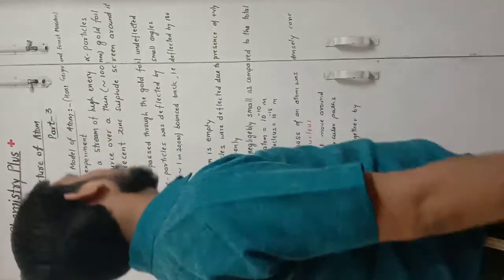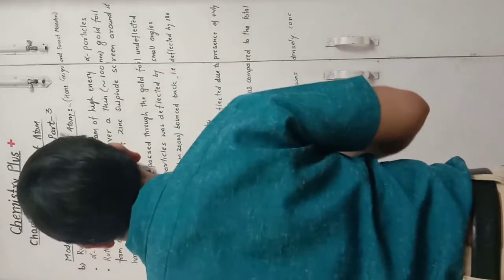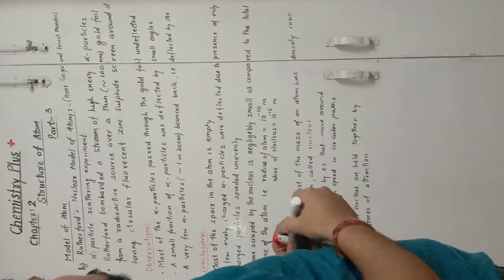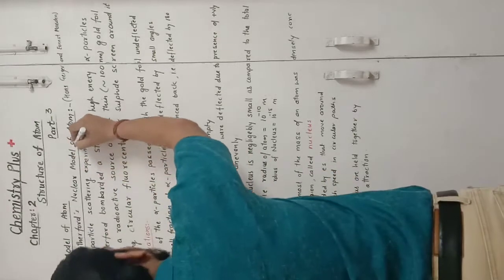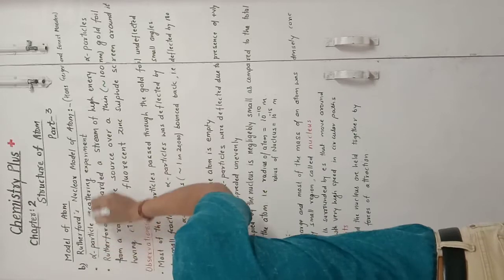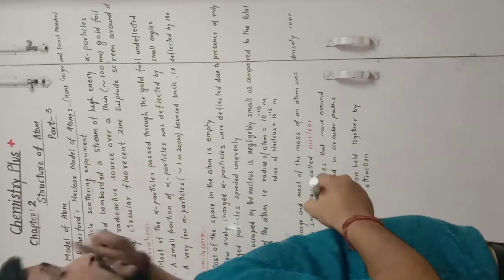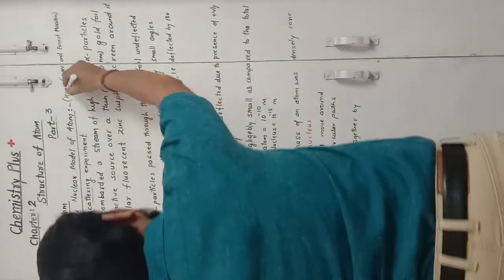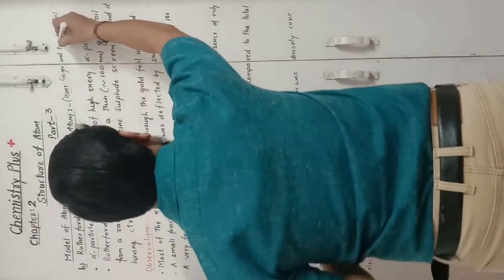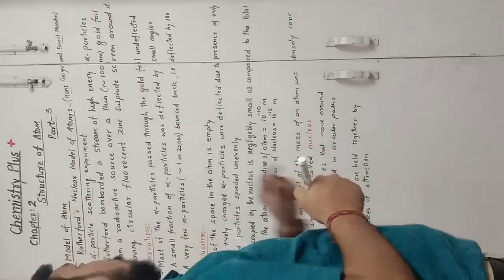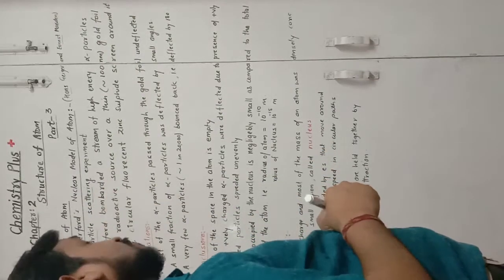So let us start. The very first is the Thomson model of atom and the second is the Rutherford model of atom, also known as the Rutherford nuclear model of atom, or the alpha particle scattering experiment. Along with Rutherford, his two students Hans Geiger and Ernest Marsden performed an experiment called the alpha particle scattering experiment.